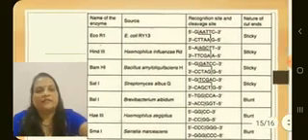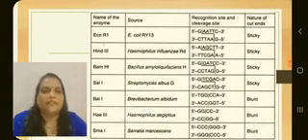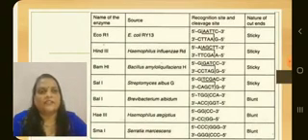This is a chart which indicates the names of some restriction enzymes, their source, their recognition sites, which we call cleavage sites also, and nature of the ends produced after cutting. EcoR1: E, Escherichia; co, coli; R, strain RY; and the first enzyme produced from that source.